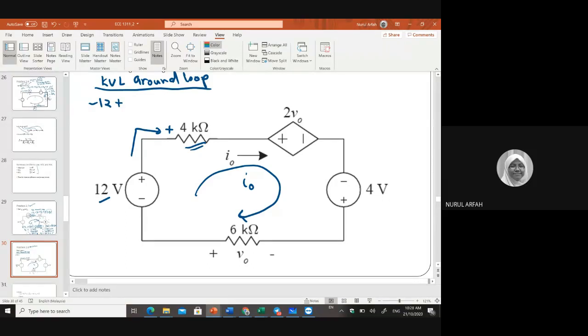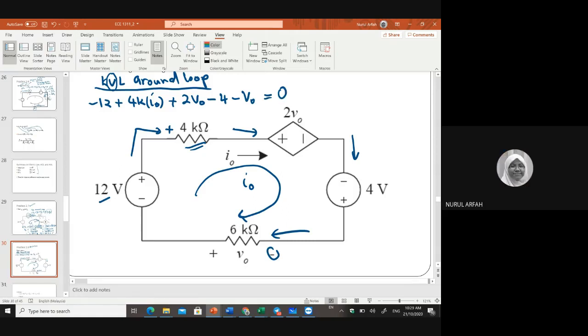And then plus 4K I0, from Ohm's law, voltage equal to IR. And then plus 2V0, and then minus 4, and then minus V0 equal to 0.